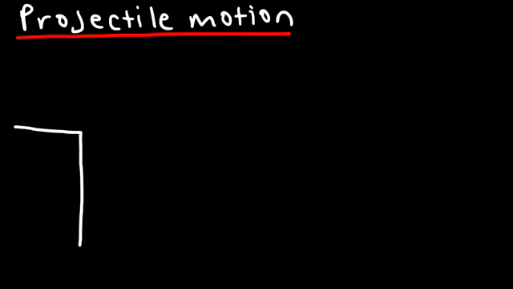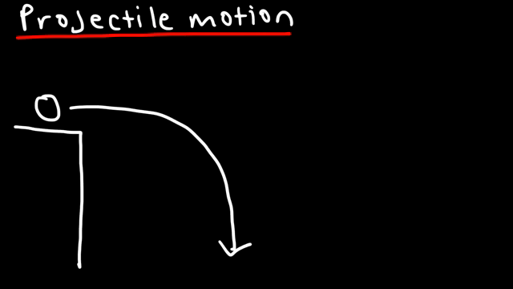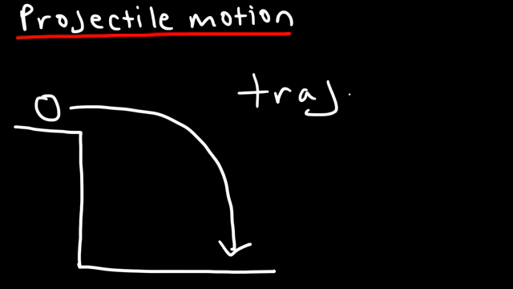One example that you'll see is a ball being kicked off a cliff or rolling off a cliff. Initially it's moving in the x direction and then it falls down like this. The path that the ball travels is known as the trajectory.